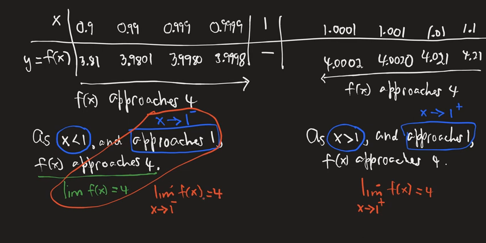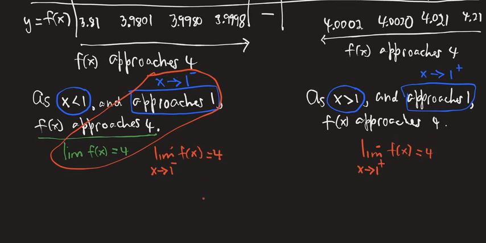So let's summarize this now. When we specify the direction, we refer to it as a one-sided limit.